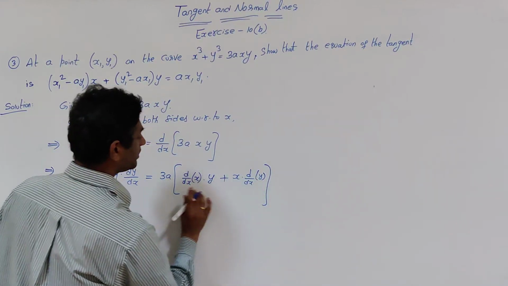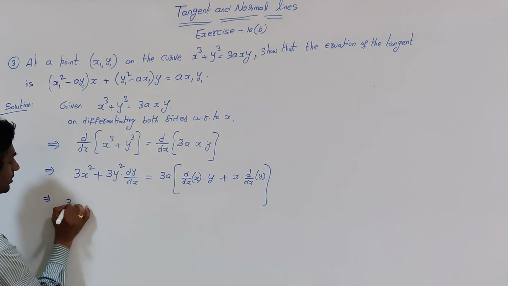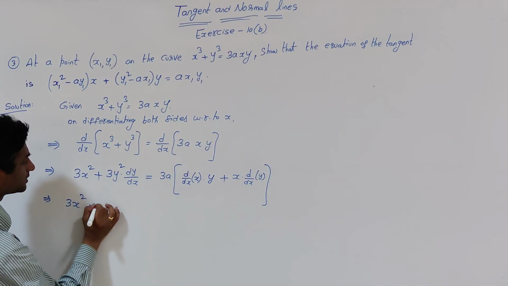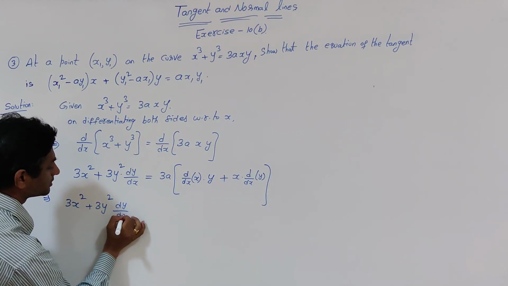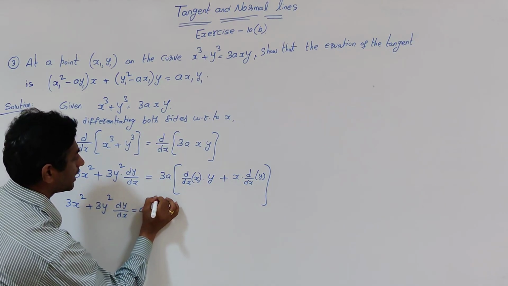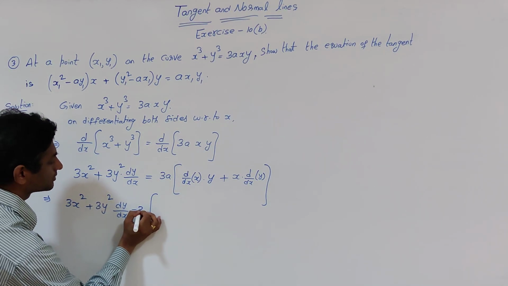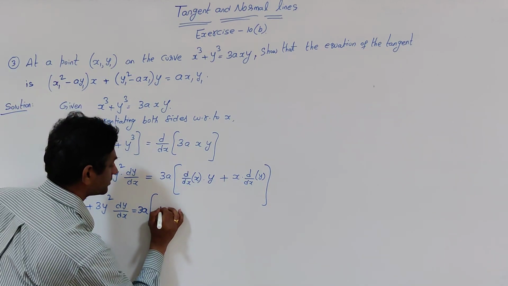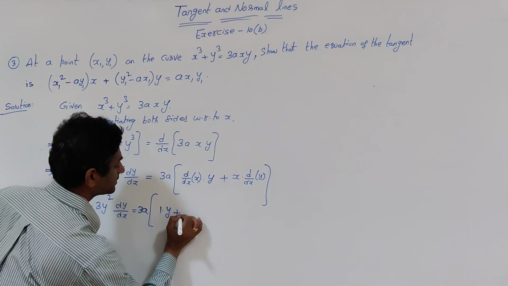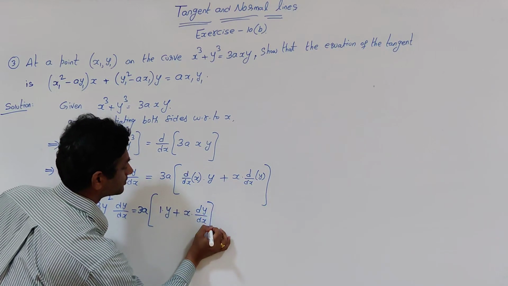That is the derivative of the product. So 3x square plus 3y square dy by dx is equal to 3a times derivative of x, which is 1 into y, plus x into dy by dx.